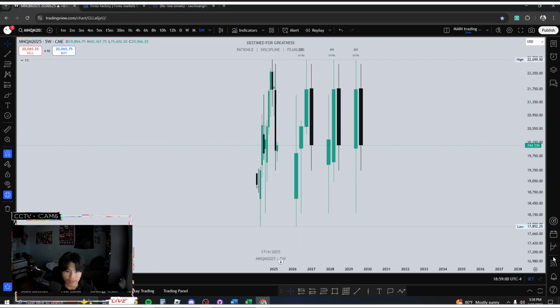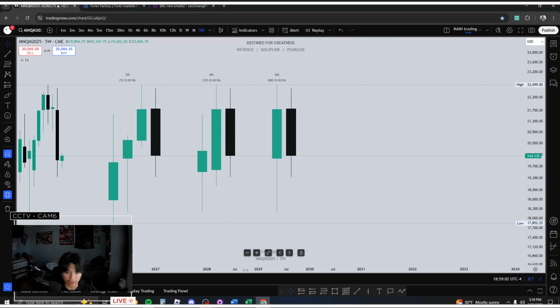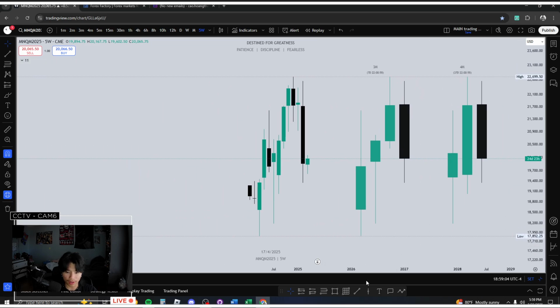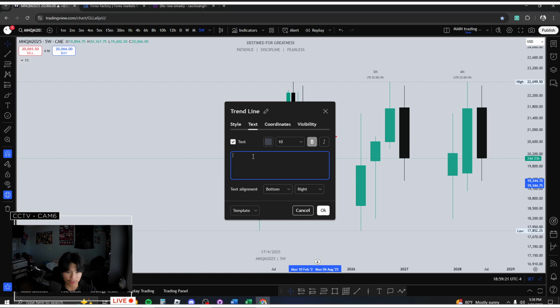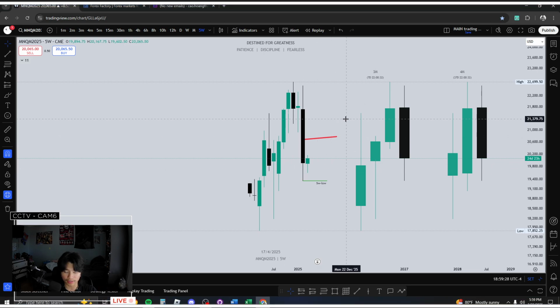One thing that I do want to point your attention to is the 5-week time frame. This is the 5-week candle. With the way that we closed on this 5-weekly candle, my best assumption would be that we're most likely going to take out the 5-week low. That's the draw of liquidity for the higher time frame.